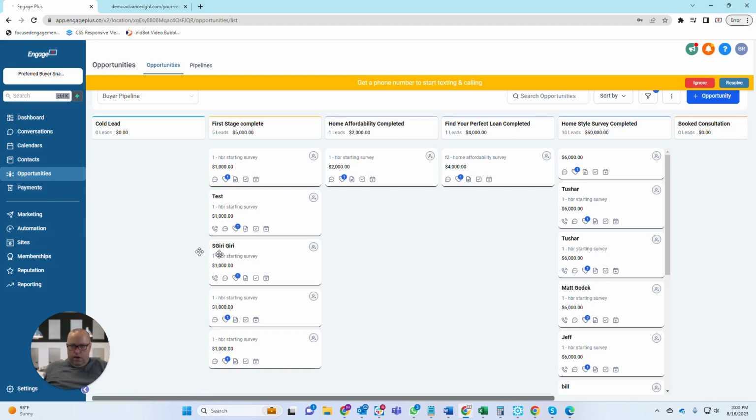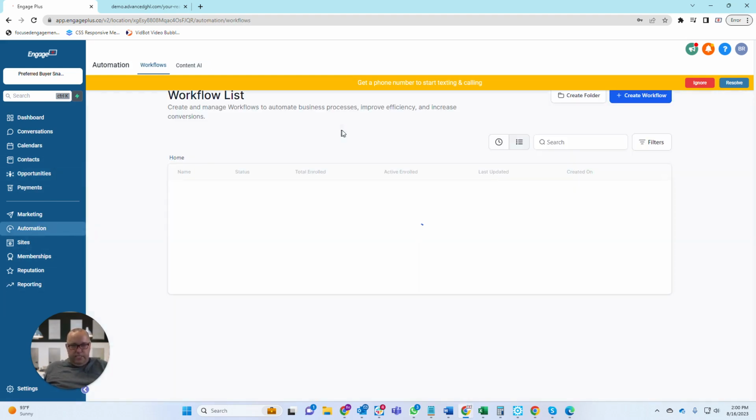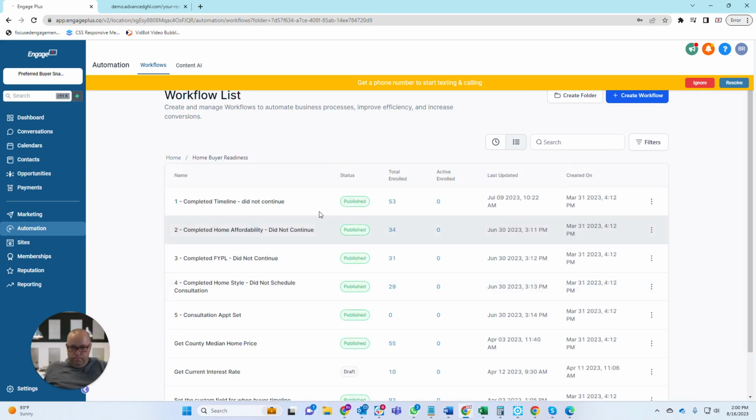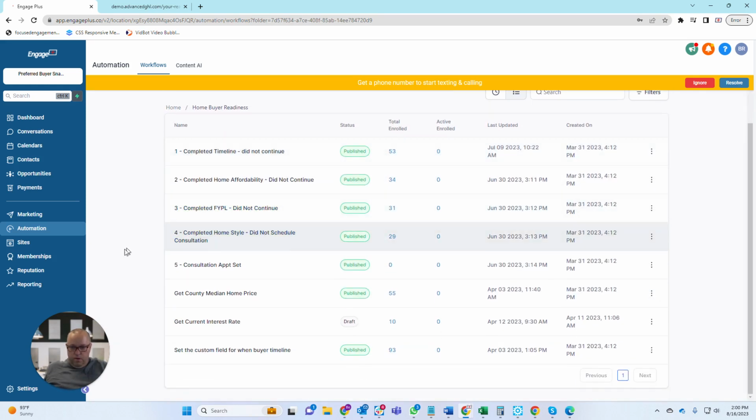So we have an automation for each stage of the journey, up to and including once they set their consultation. We will send them reminder notifications to make sure that they do not forget, and increase the likelihood that they will actually show up to that appointment.